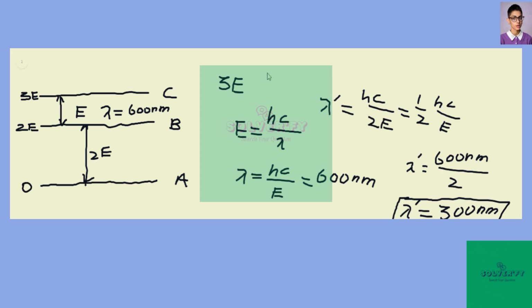Following the same logic, we can say that the wavelength of the emitted electromagnetic wave when an electron jumps from C to A would be 200 nanometers.